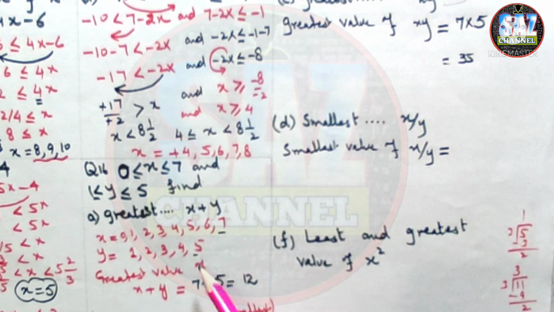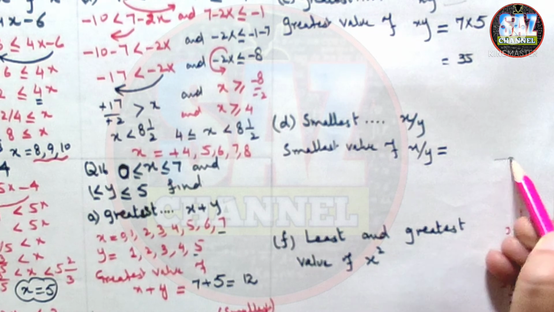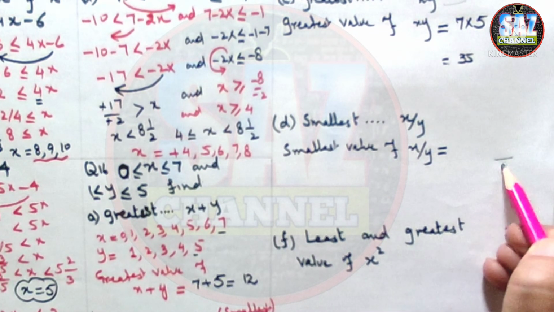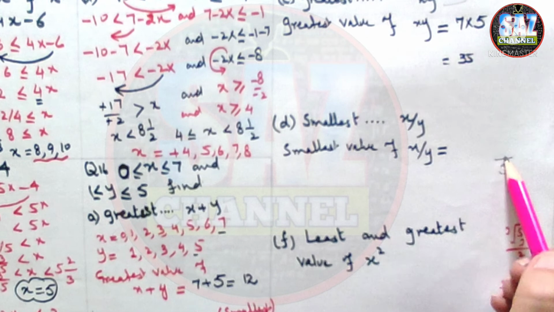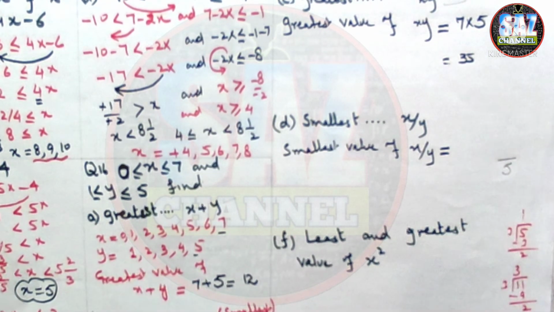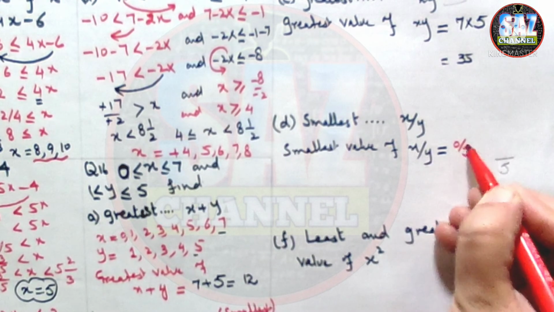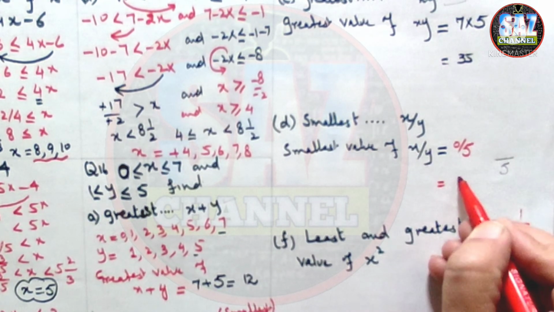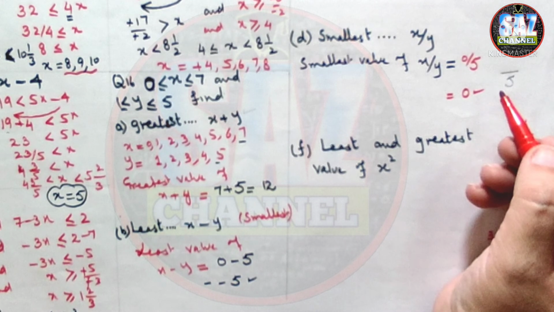There are two important things to discuss here: the fraction will become least when the denominator is largest and the numerator is the smallest one. Here, as one of the values of x is 0, so 0 by 5, or 0, will be the smallest value.